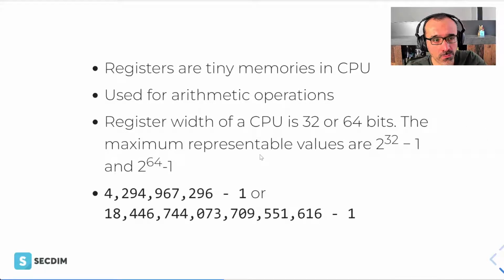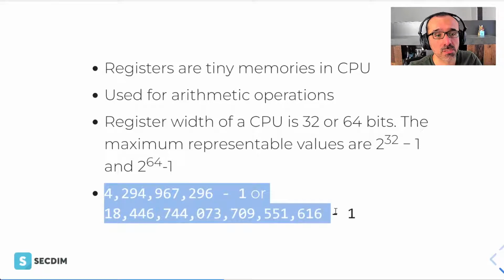As I mentioned before, these registers can be 64-bit in a 64-bit machine or 32-bit in a 32-bit machine. That means that the maximum value we can store on those registers is limited. In a 32-bit system it is 2 power 32 minus 1, and in a 64-bit system it is 2 power 64 minus 1, or effectively these numbers that you can see here.